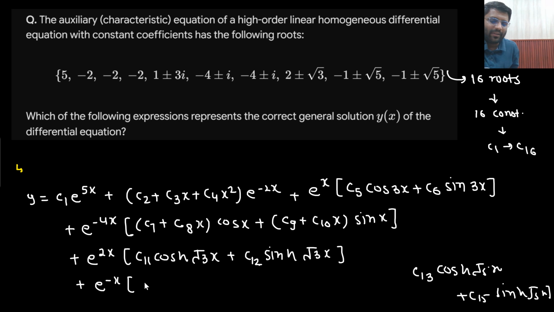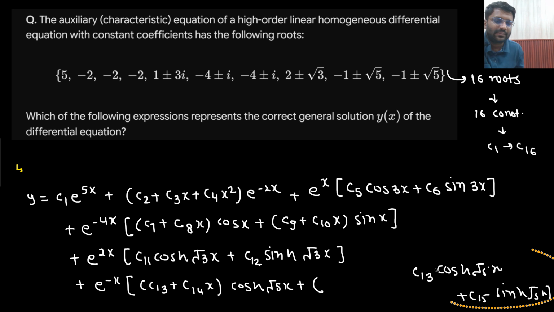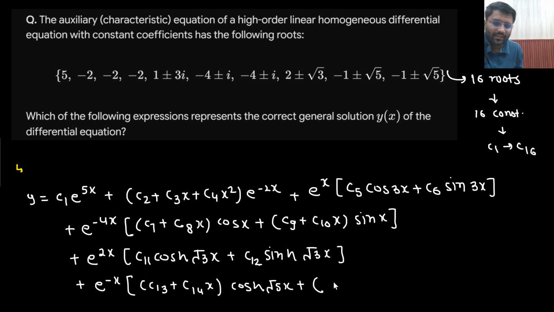But sir, since I am being repeated, in place of C13, C13 plus C14x would come, and then cos hyperbolic under root 5x plus, and in place of C15, C15 plus C16x will come, C15 plus C16x sin hyperbolic under root 5x would come.